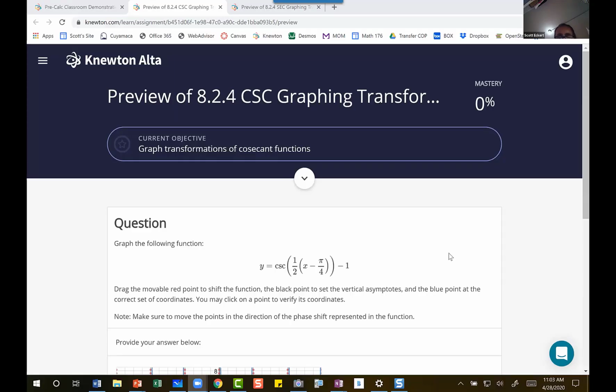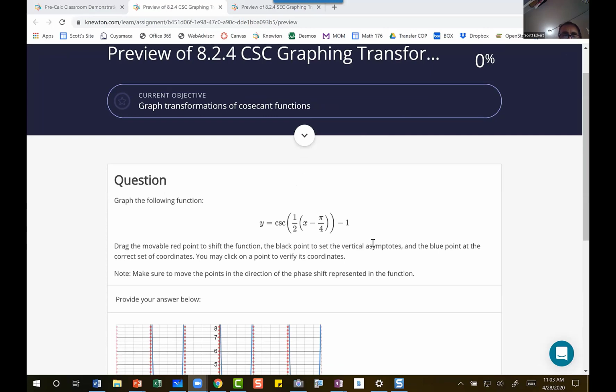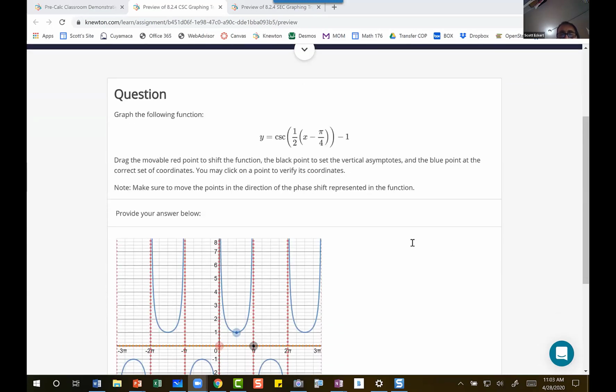Okay. Here we go. This one's in factored form. So because it's in factored form, it's a little easier actually because we have the shift number right there. You see that difference with factored form?